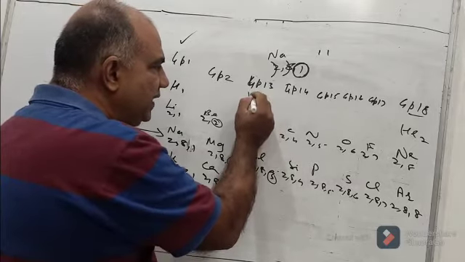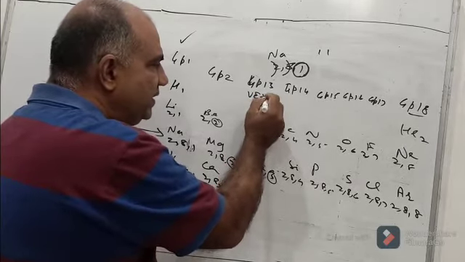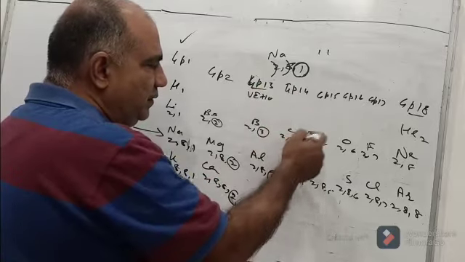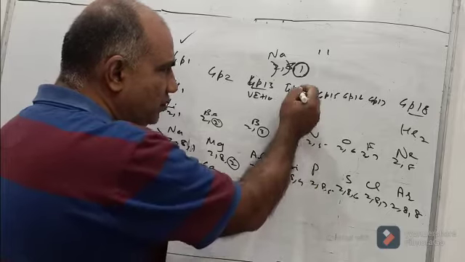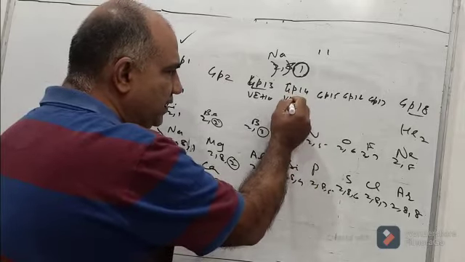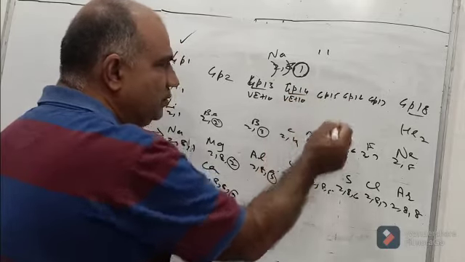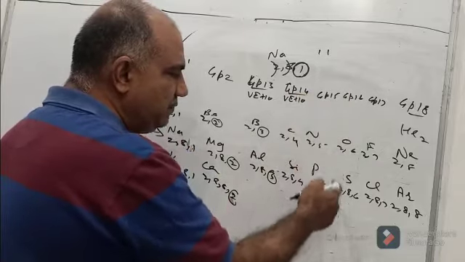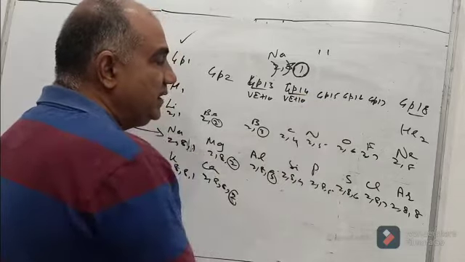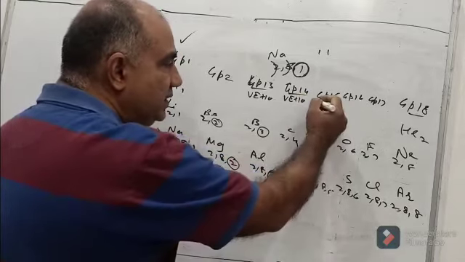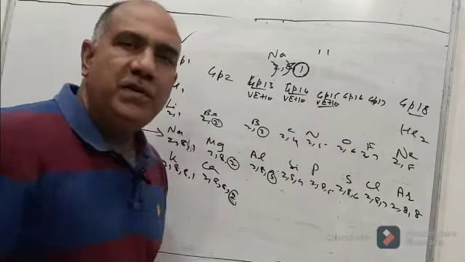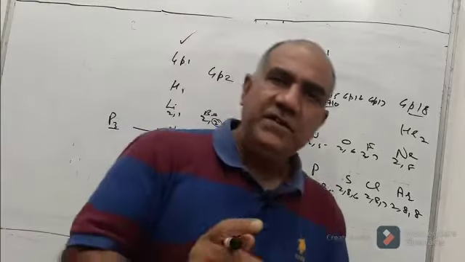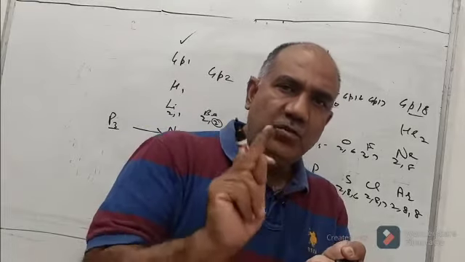So valence electrons plus 10 is the group number. For elements with 4 valence electrons, the group will be 14. For those with 5, the group is 15, because valence electrons plus 10 is the group number.